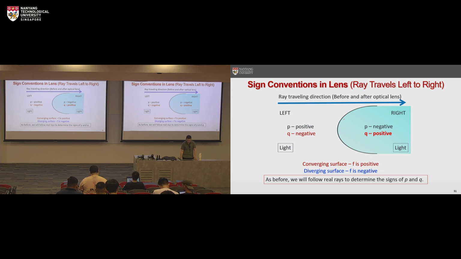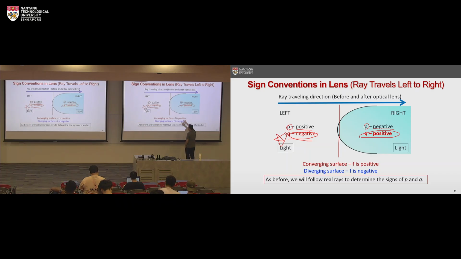For lens, it's not always in front is positive, behind is negative. It is the same for p. For object distance, it's positive in front, and negative in the back. However, q is different. The only difference is q.